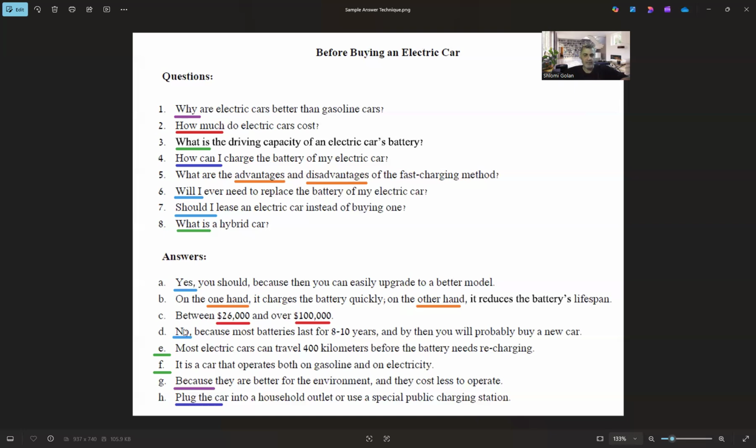The same with yes, no, right? We have here, will I ever need to replace the battery? Let's think of it. Yes, you should, because you can easily upgrade to a better model. Batteries don't really have models, so maybe it's this one. No, because most batteries last for 8 to 10 years. So this is the correct answer for number 6, and obviously for number 7, it is A.